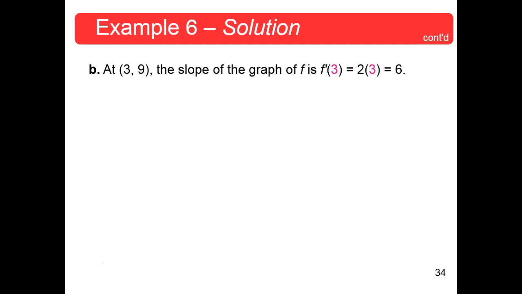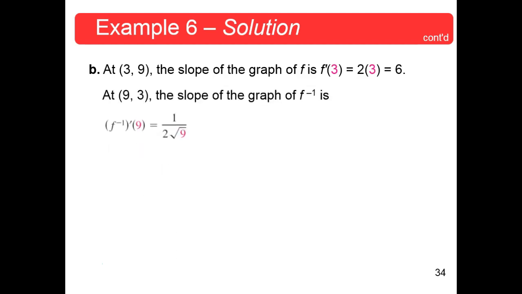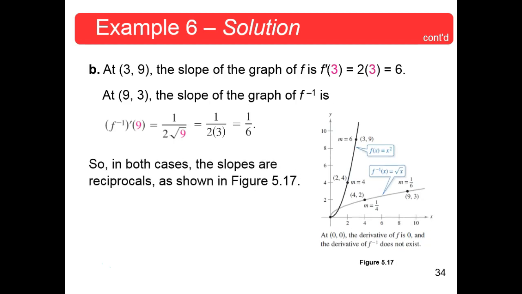The slope of that would be 2 times 3 is 6, and the slope of this one would be 1 over 2 times square root of 9, which would be 1 over 3 times 2, which is 1 over 6. In both cases, the slopes are reciprocals as shown here.